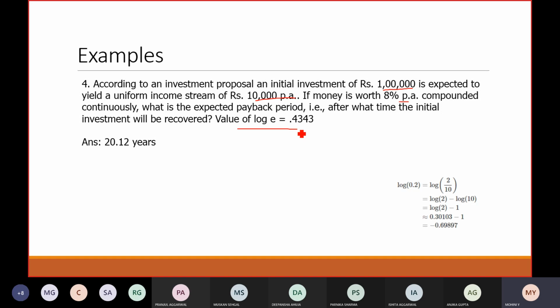So basically it is asking us to calculate N, that is the number of years in which the annuity amount will yield us the present value of rupees 1 lakh. ठीक है, so we have to calculate n.